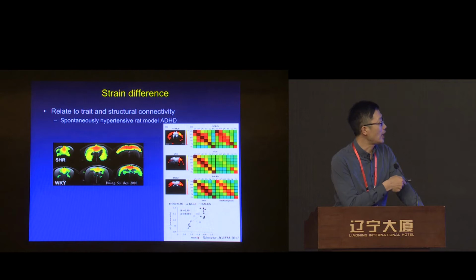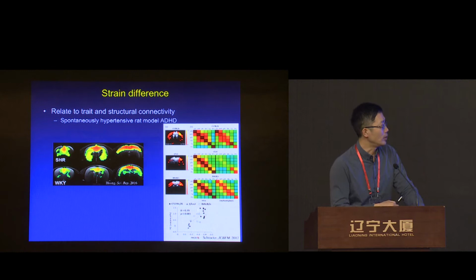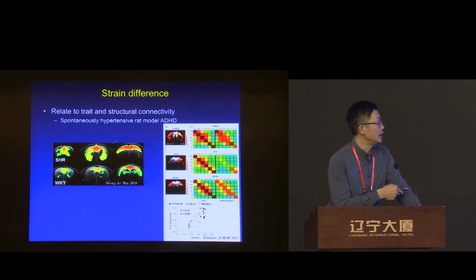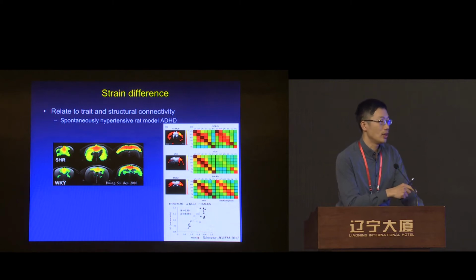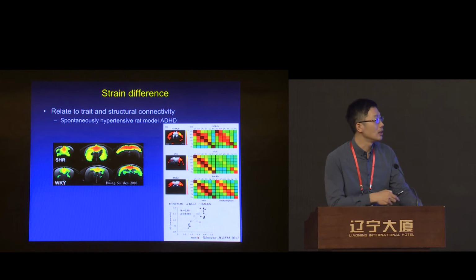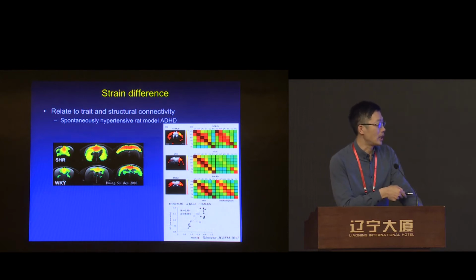If we look at their default neural network, they seem to have much enhanced hyperconnectivity, which may be related to the ADHD type of behavior in these rats. Another study, from Marcus Ludwig's group, showed that functional connectivity is different in different mouse strains, and the connectivity strength is related to structural connectivity measured by FA in the corpus callosum.